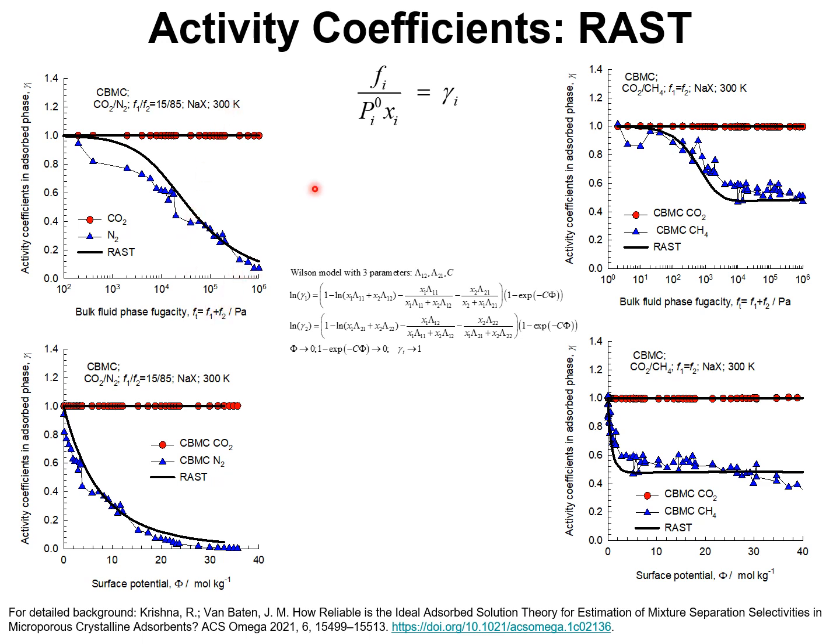The activity coefficients of CO2 and nitrogen in the adsorb phase are indicated by the red circles and the blue triangles. And we note that at very, very small bulk phase fugacities, the activity coefficients of both components are unity.